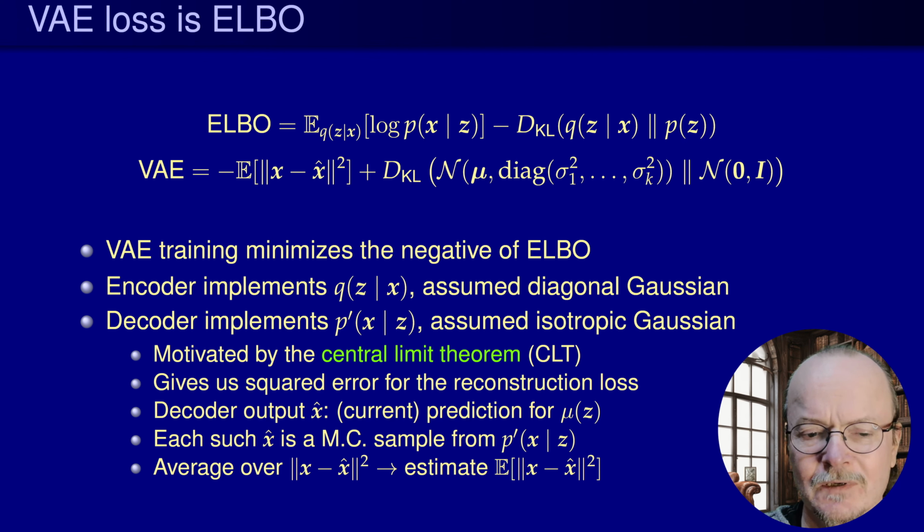As seen above, the expectation over the log likelihood in the first ELBO term is simplified significantly when we assume an isotropic Gaussian distribution for the decoder outputs p prime of x given z.